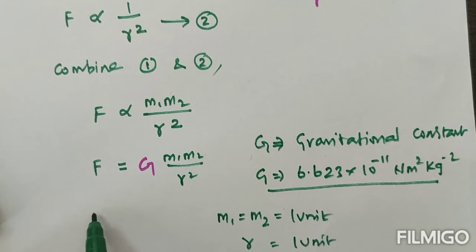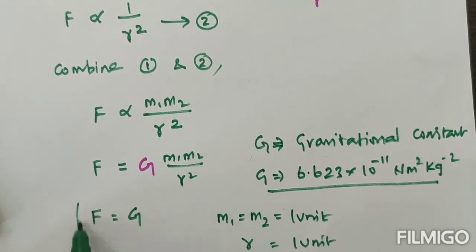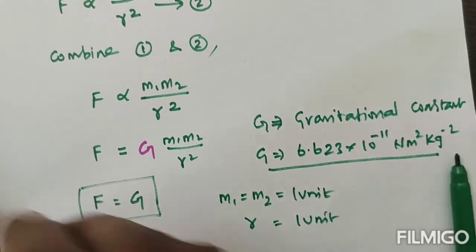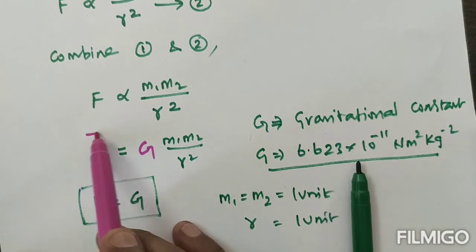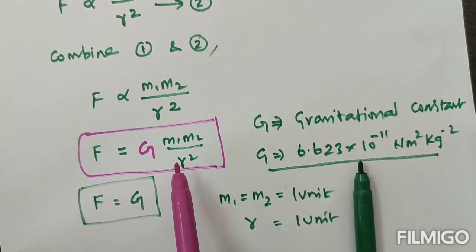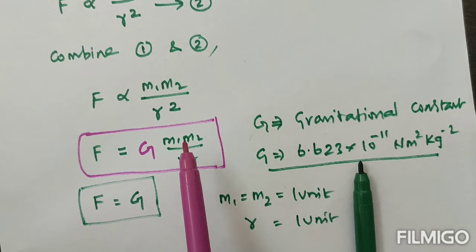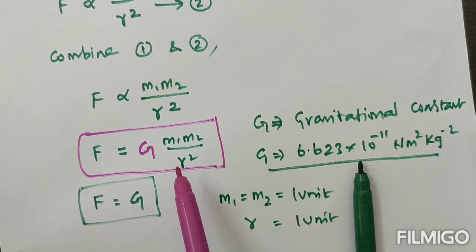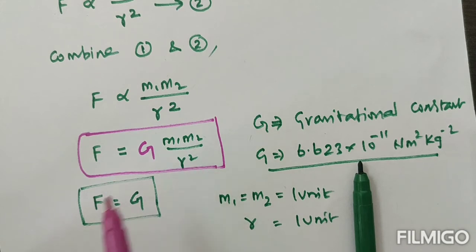In this situation, the force is numerically equal to the gravitational constant. Anyhow, this is the important formula: F is equal to G into m1 m2 divided by r square. This concept will be useful in plus 2 also, in electrostatics, which you will study in future.